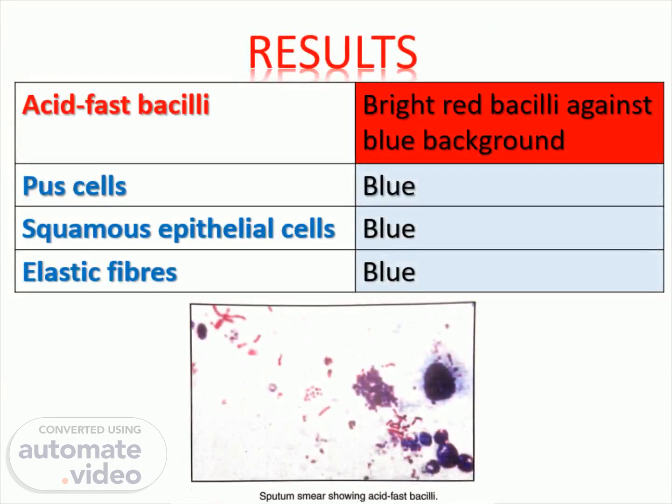Results. It looks very simple, but we should examine the whole slide for at least 5 to 10 minutes. Acid-fast bacilli will appear as bright pink against a blue background. The rest, that is pus, squamous epithelial cells, and elastic fibers, which cannot resist acid, will appear blue.